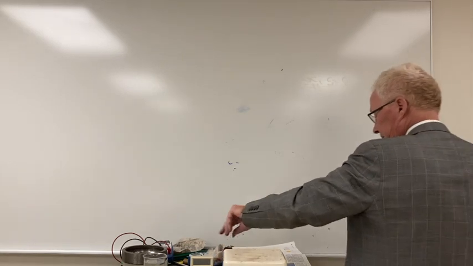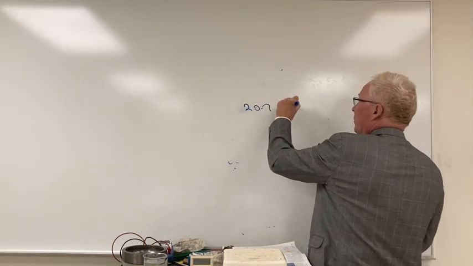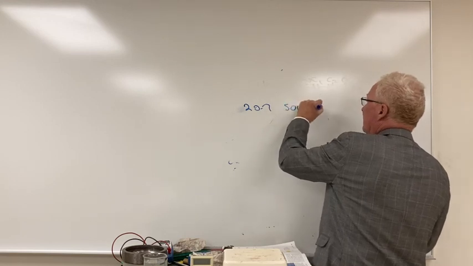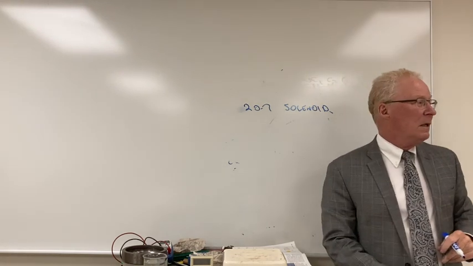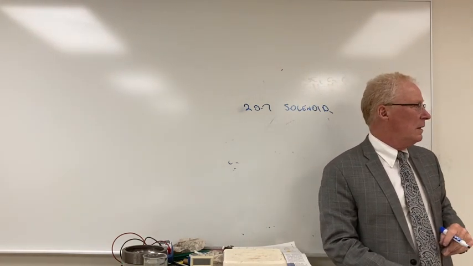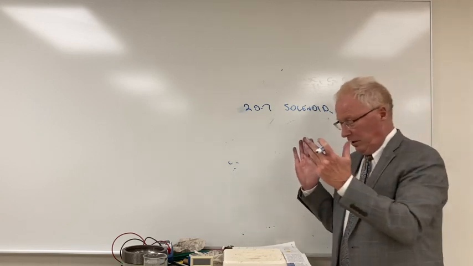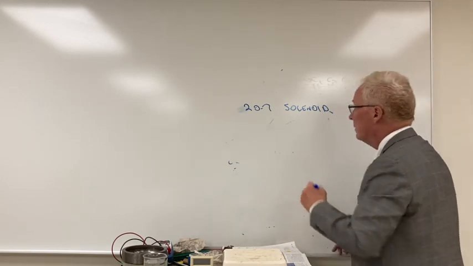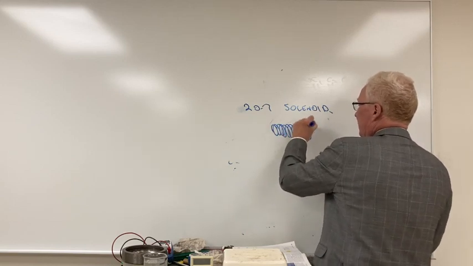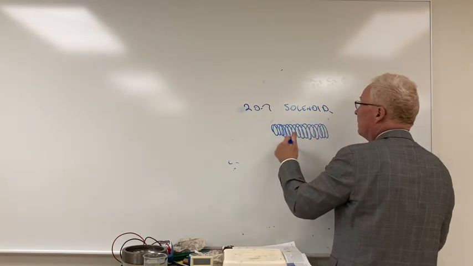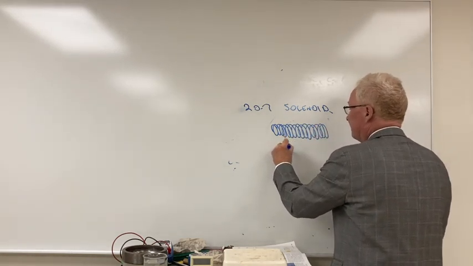All right, for 20.7, this is what we call a solenoid. You'll see this when we do the lab later on; of course I don't have one here, but we'll get one later. A solenoid is just a long coil with a certain number of turns.